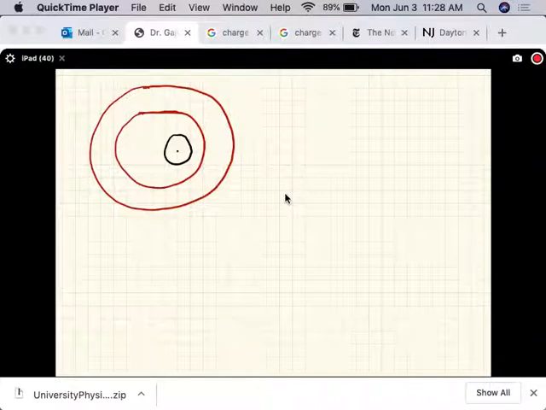The 5 microcoulomb distributes evenly here on this shell. What is driving this is E equal to 0 in here, E equal to 0 in here.